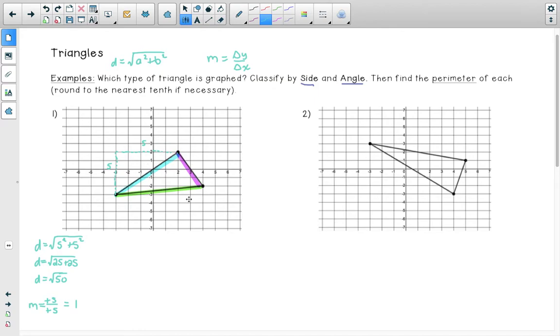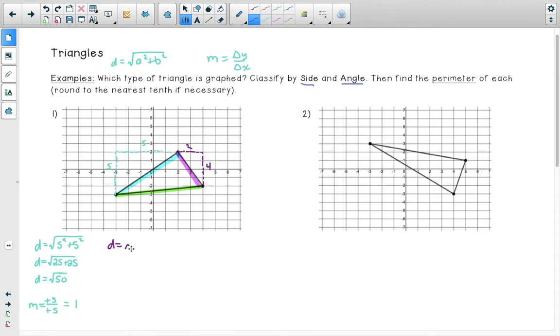Now I want to do another one of the lines. Let's go with the purple line. For the distance of my purple line, I'm going to find the distance for my vertical and my horizontal. I have 1, 2 for my horizontal, and I have 1, 2, 3, 4 for my vertical.